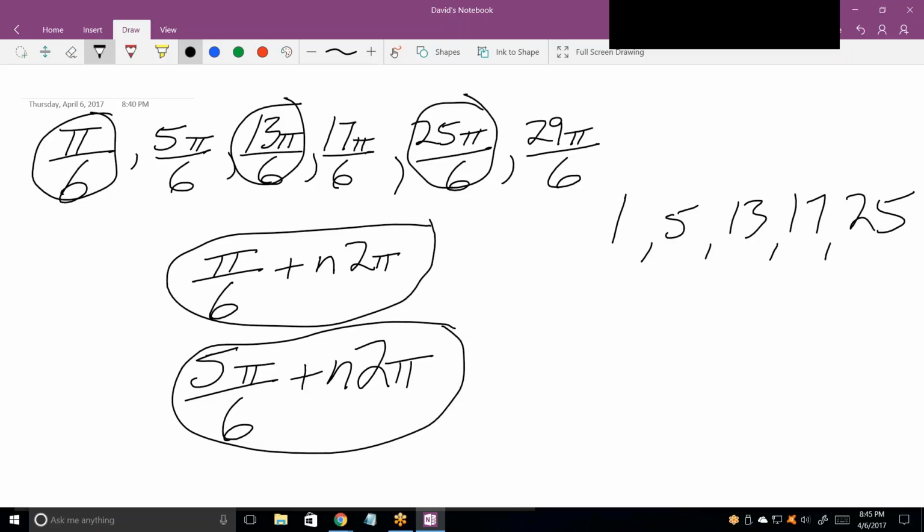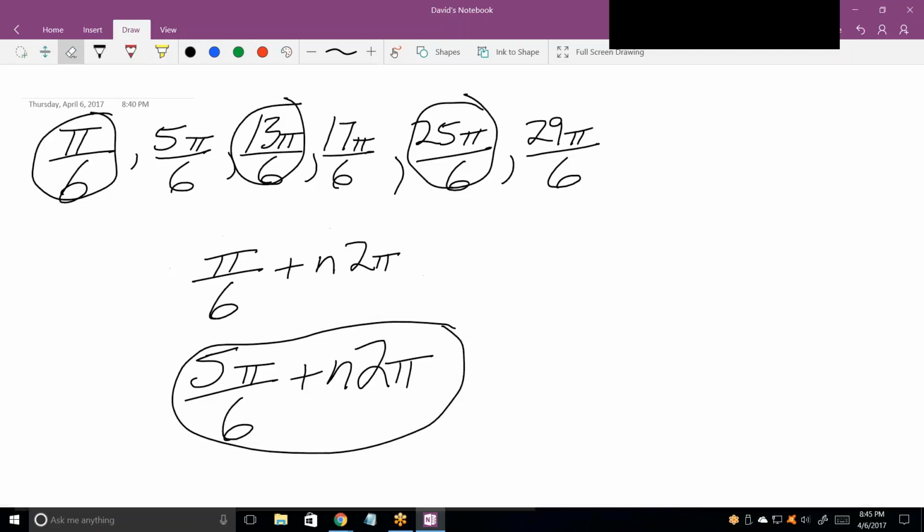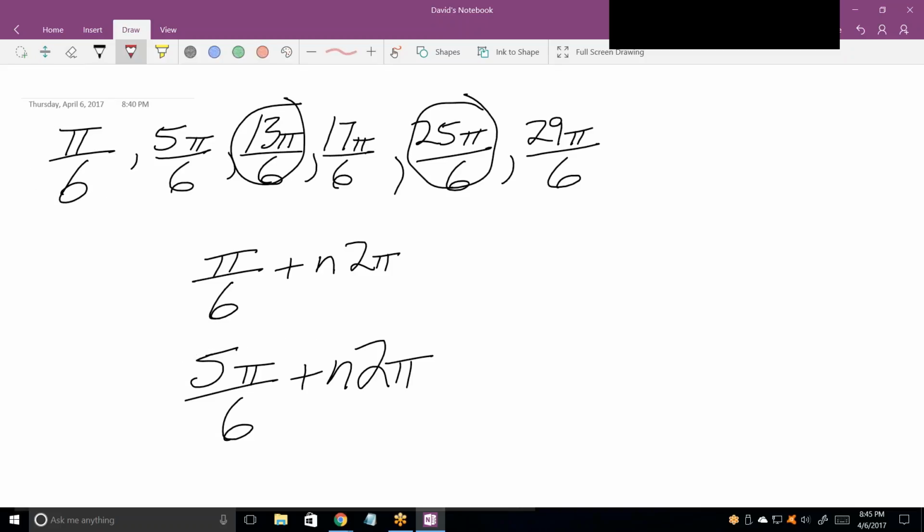equations. The key thing to remember here is when you get your 2 unit circle answers, which are these two answers, those are the answers in the first unit circle. The way you get all the rest of them is you add 2 pi to that, and you add 2 pi to that, and then you add 2 pi to that.